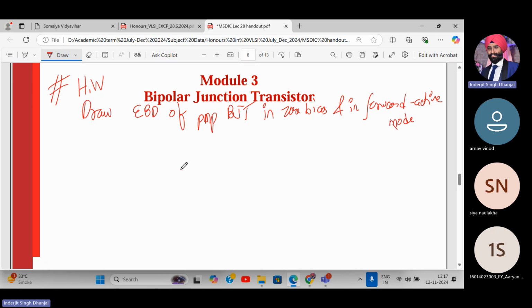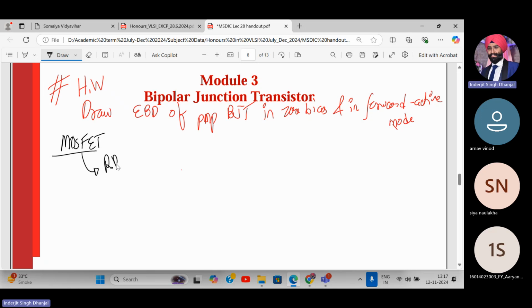Now, structurally, we'll compare MOSFETs with BJTs. MOSFET we have already studied. You all have studied, right? So in case of a depletion type device, a MOSFET might use a reverse bias PN junction.